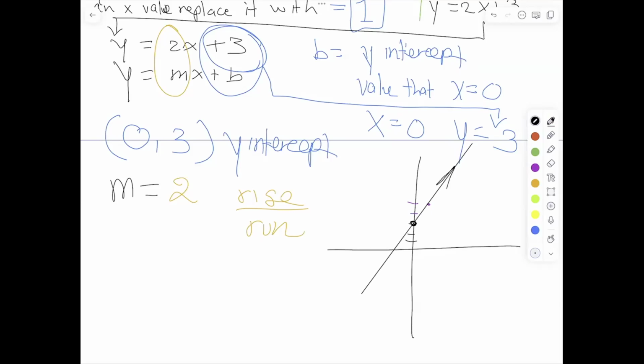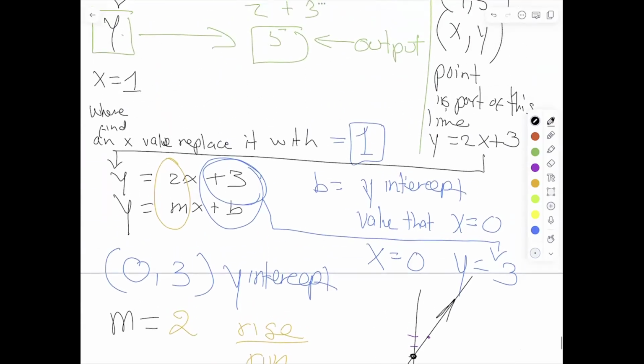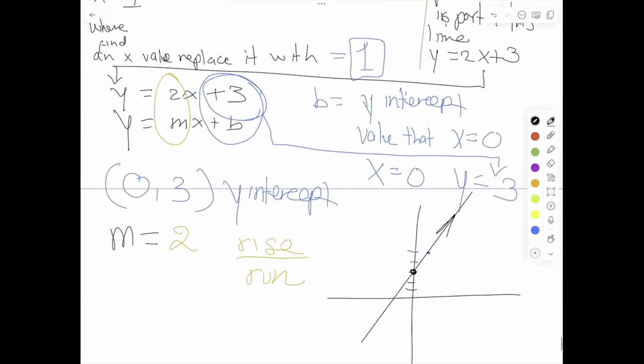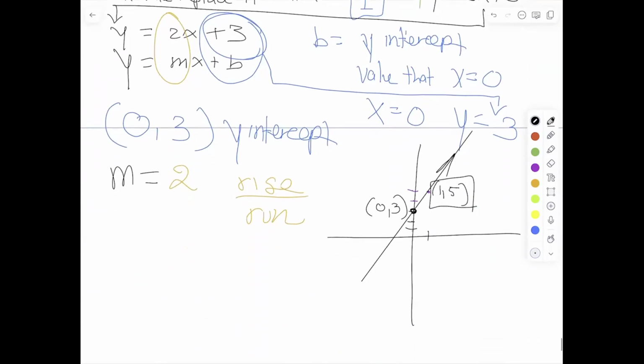And this is a positive line. But I also have a point. What point is this? 1, 5. 1, 2, 3, 4, 5. This is 1, 5. Isn't this 1, 5? Yep. And this is 0, 3. So I have 2 points. This is my linear function for 2x plus 3.